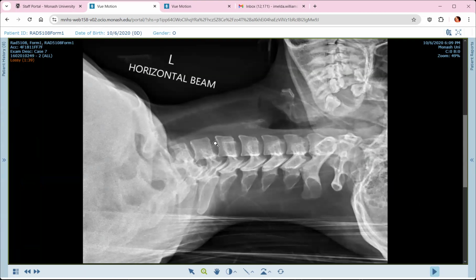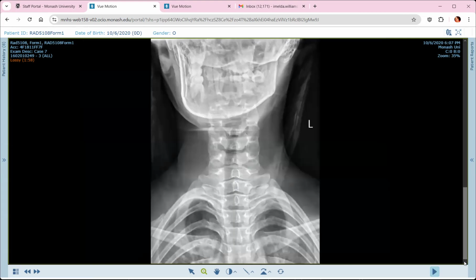The anterior vertebral body lines are maintained. The posterior lines are maintained as well. And the vertebral body heights are also maintained. So there's no significant drop in any vertebral body heights. And then when we look at the AP view, we can see the available cervical vertebrae, and there's no significant injuries there. So overall, this was a normal study.